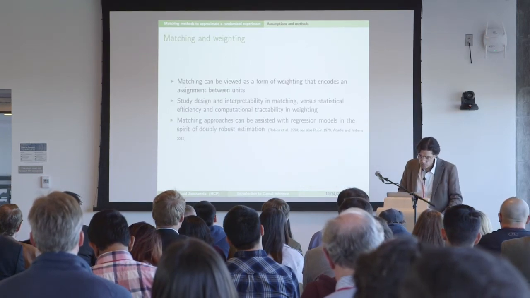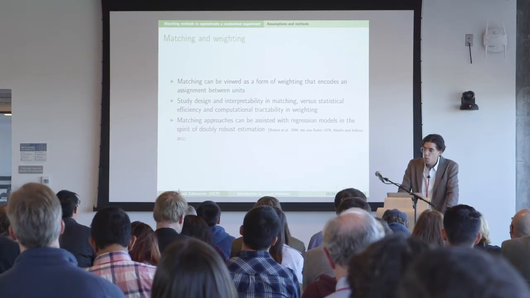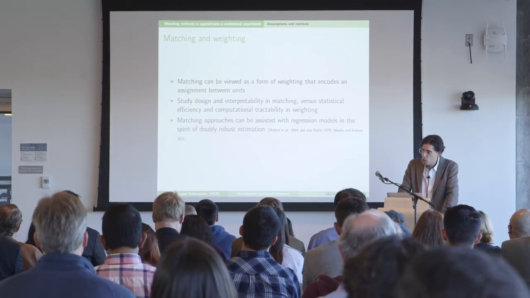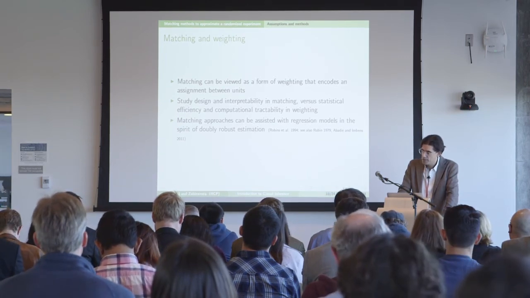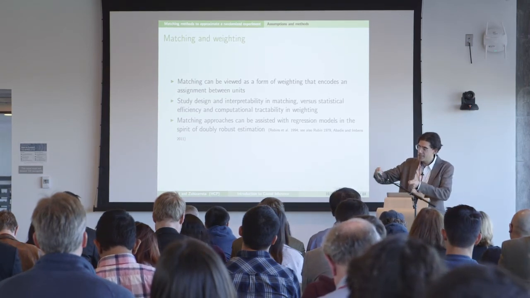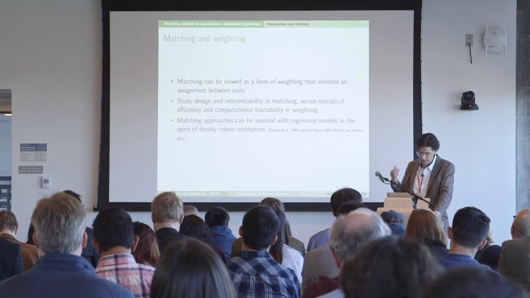Okay, what I wish to emphasize is that matching can be viewed as a form of weighting where the weights are these 0-1 weights that encode an assignment between units. So units are not only selected, but this assignment between units is explicitly used in inference for match pairs here.